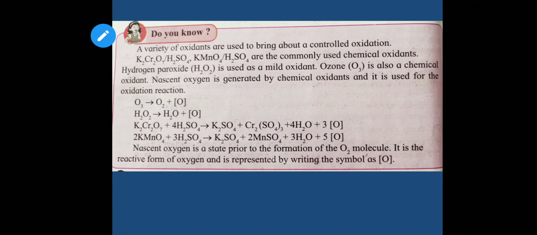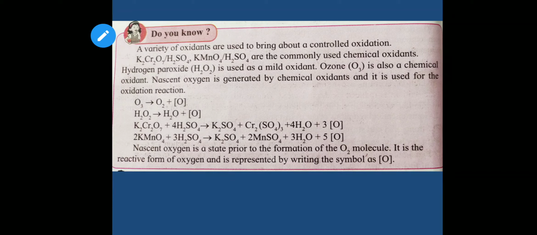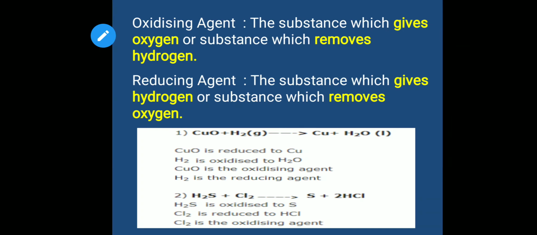Next, we can also make another definition of oxidizing and reducing agent. Oxidizing agent means the substance which gives oxygen or removes hydrogen, and reducing agent means the substance which gives hydrogen or removes oxygen. Example: copper oxide plus hydrogen gas gives copper plus water.